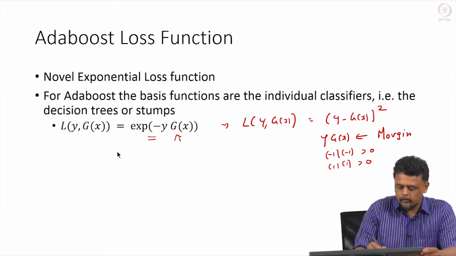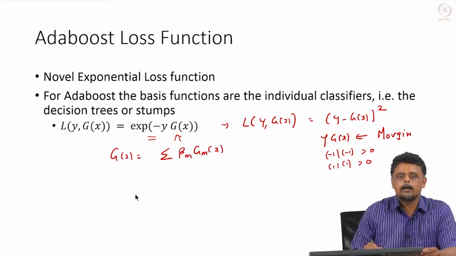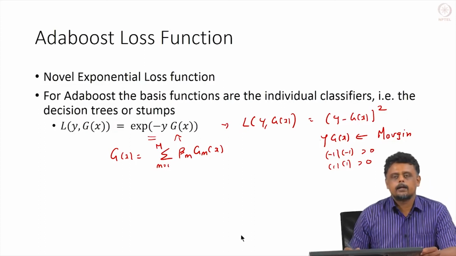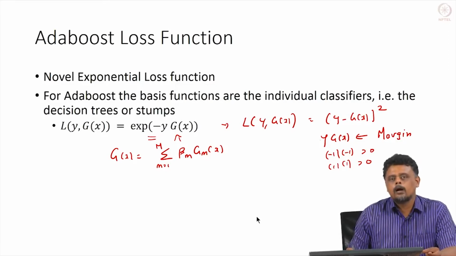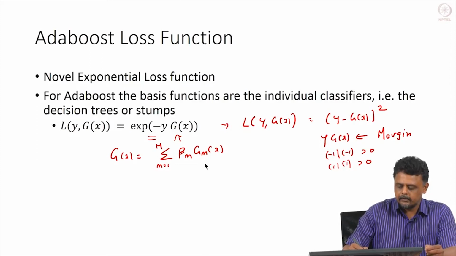So, we wanted to get to a classifier which is the sum of individual classifiers. Right, this is what we set out to do, and we wanted to optimize an appropriate cost function to estimate each one of them.